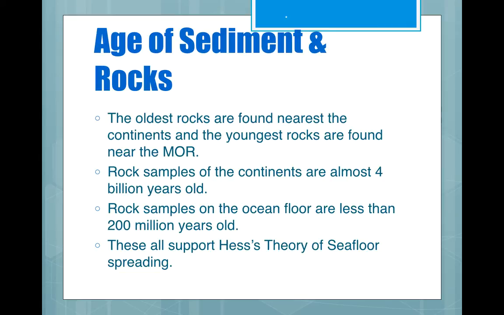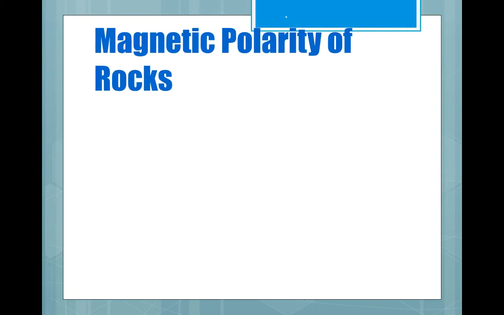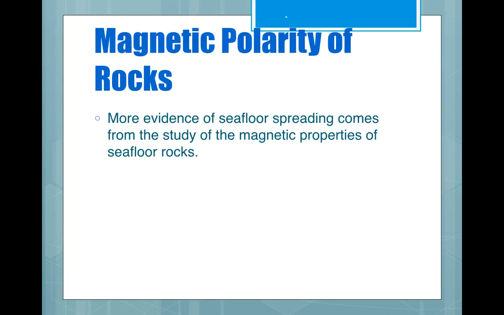As we continued to look at the seafloor more and learn more about it, we learned that the rocks of the seafloor, which is basalt, have a high iron content. And iron has magnetic properties, which record the polarity of the poles at the time. So if we start looking at the seafloor, you can see when the North Pole was where it is today, the magnetic North Pole, and where the magnetic South Pole is today.